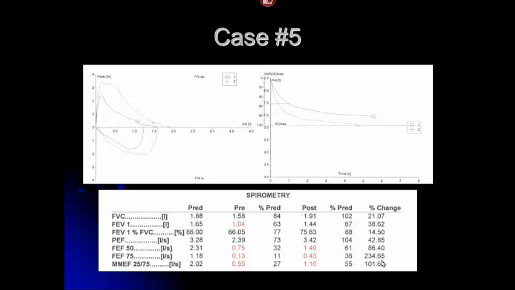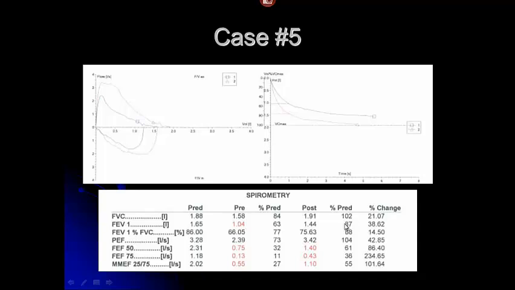If you have a number pre-bronchodilator, pre-treatment, and a patient received the bronchodilator therapy, it is estimated that a 12% or more improvement after bronchodilator therapy of FEV1 is considered an obstructive pulmonary disease.